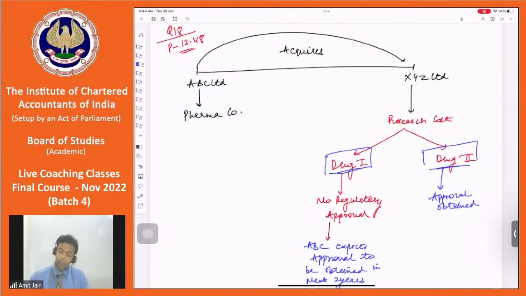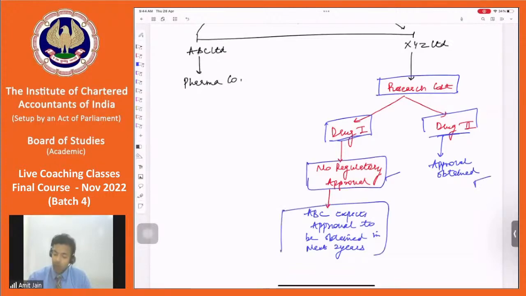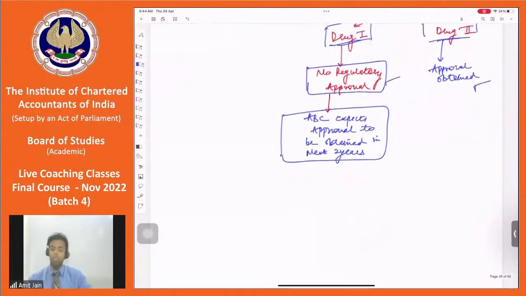Whether this research and development cost on either of the drugs be recognized as intangible in the books of ABC Limited, yes or no? So now the question is, regulatory approval has been obtained, right? It is a license, it is a right. In this case, it has been obtained, but in this case, it is estimated it will be obtained in the next 2 years, right?